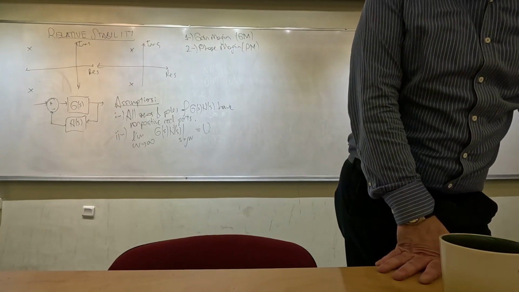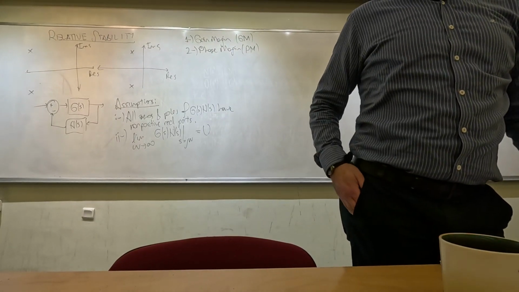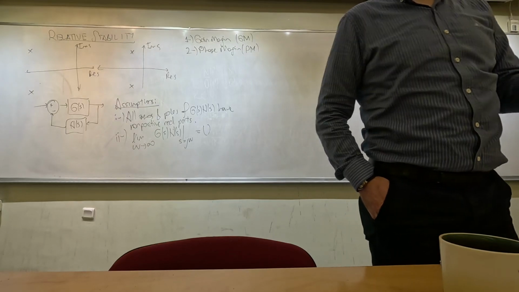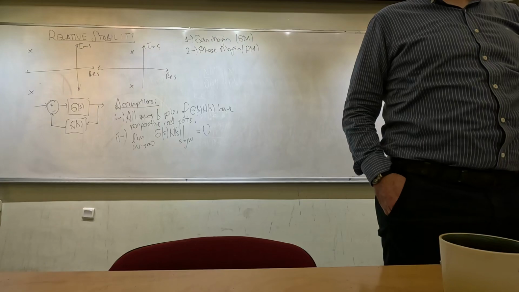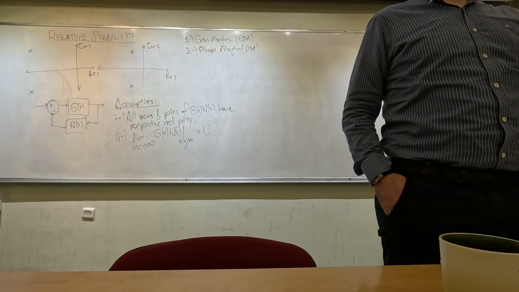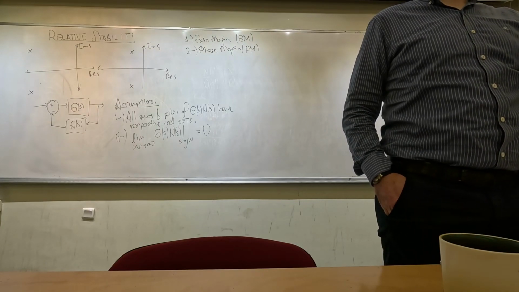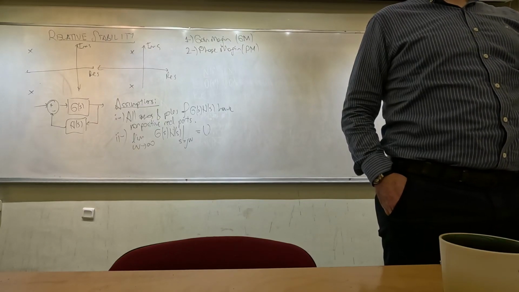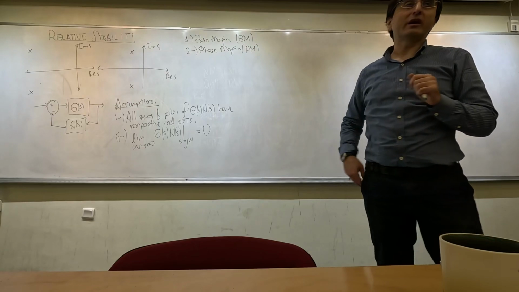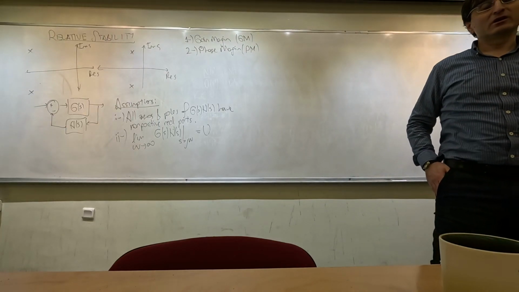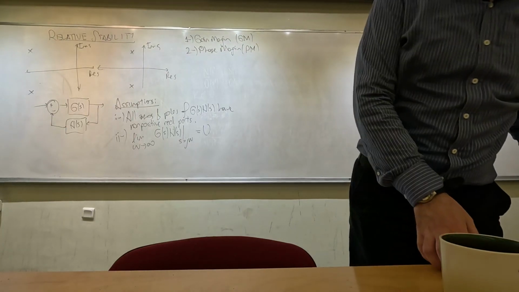And in this case, if a closed loop system is stable, we are going to ask the question, how stable is the closed loop system? So I would like to give a number. I would like to quantify the amount of stability for the system. And I'm going to quantify that stability based on gain margin and phase margin. I will tell you these numbers.